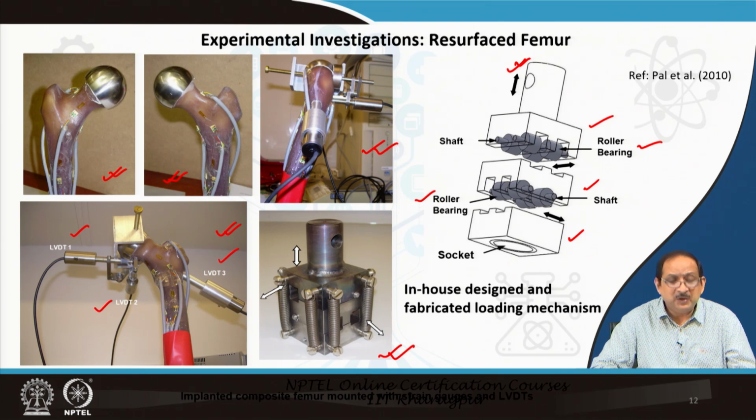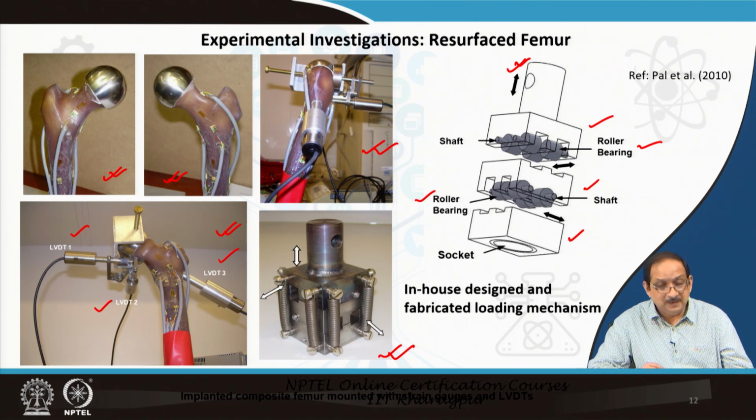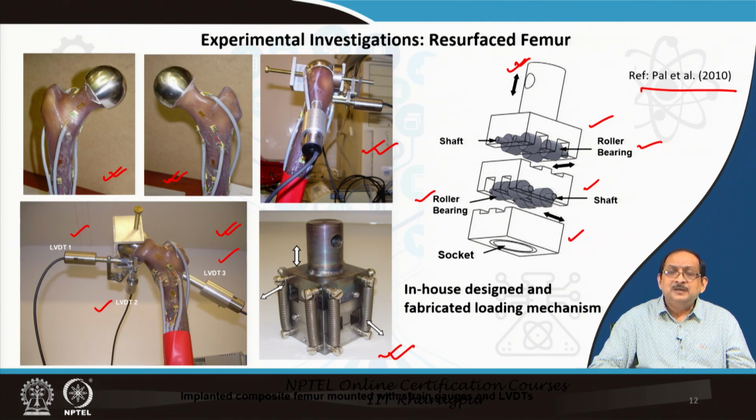The roller bearings were oriented along 2 perpendicular directions in order to allow movements between the blocks along 2 perpendicular directions in the transverse plane, and to accommodate deformation of the femur due to application of a vertical compressive force. More details can be found in our publication in Journal of Biomechanics in 2010.